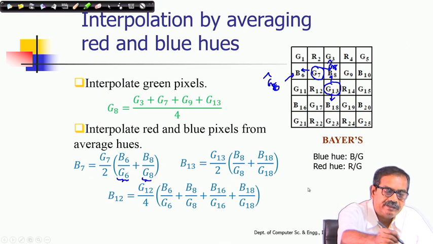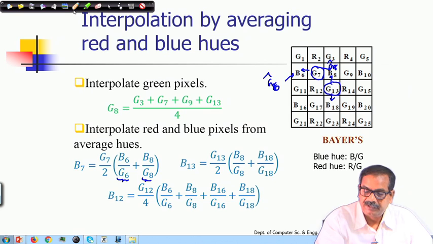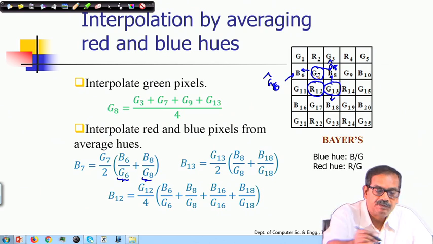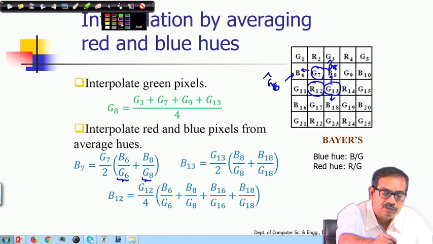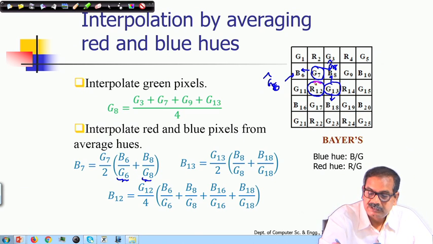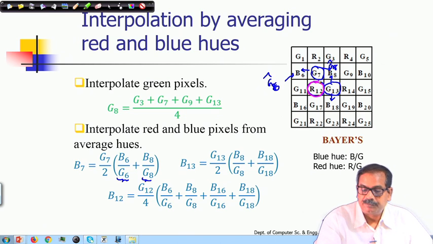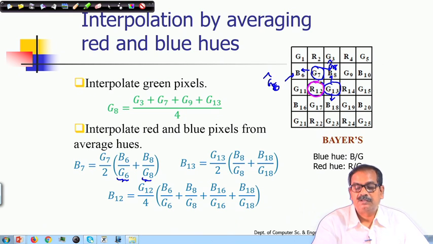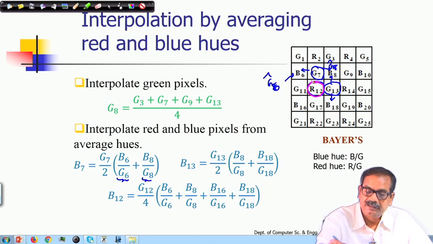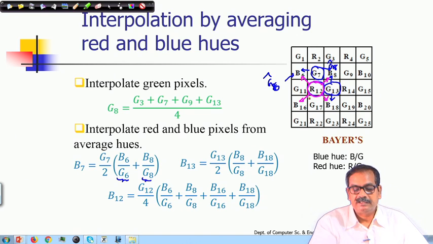The third case is shown here, where you have the blue values all in the diagonal locations. Let me use a different color to mark this location where the blue sample is missing and you are going to estimate it. Once again, the diagonal neighbors contain true blue values, and their greens are already estimated.